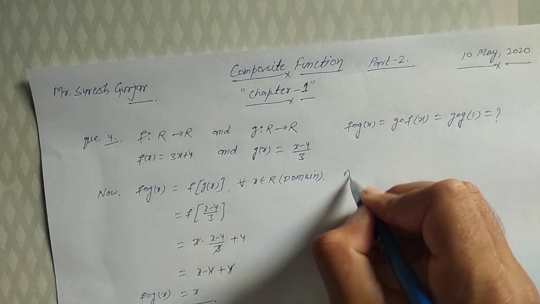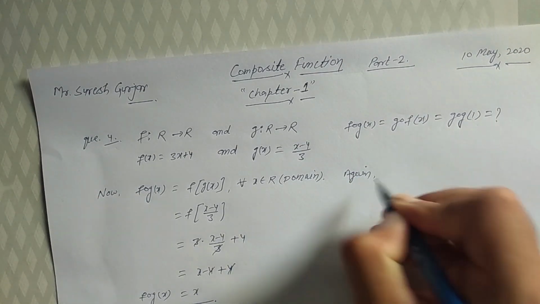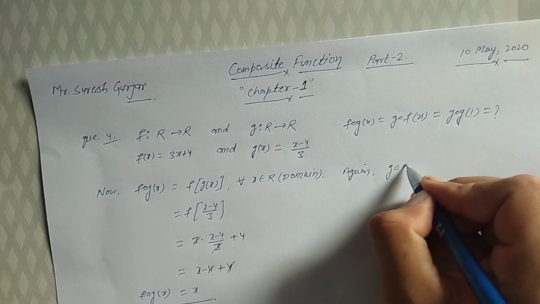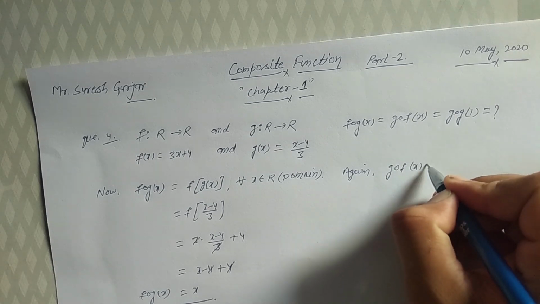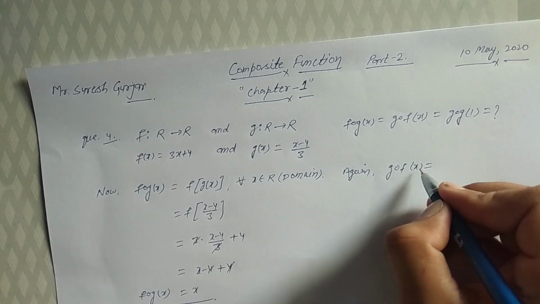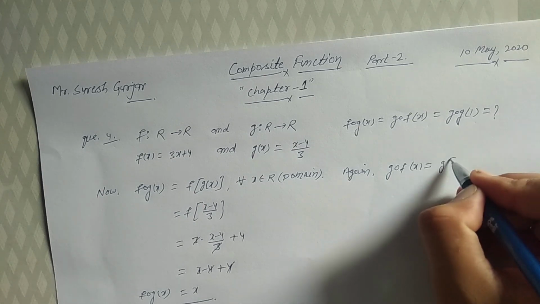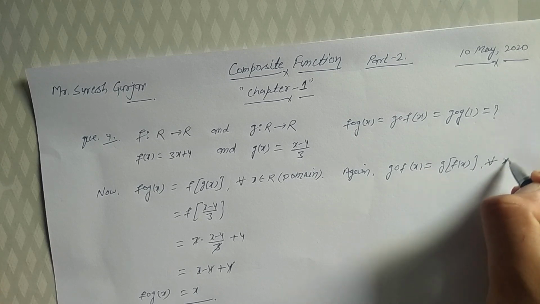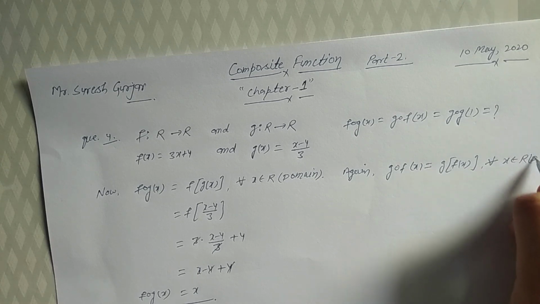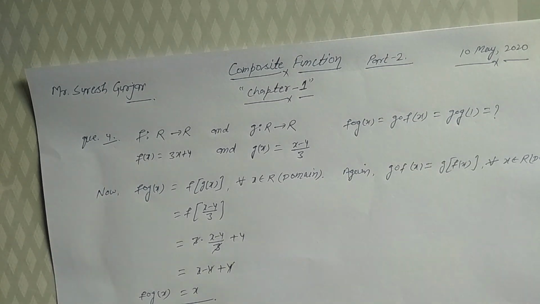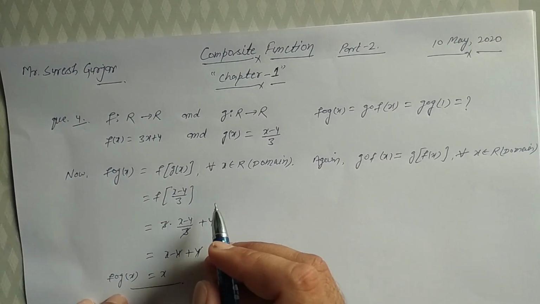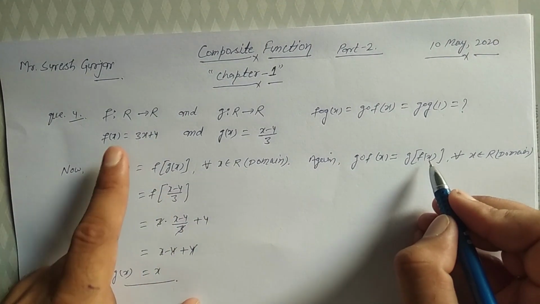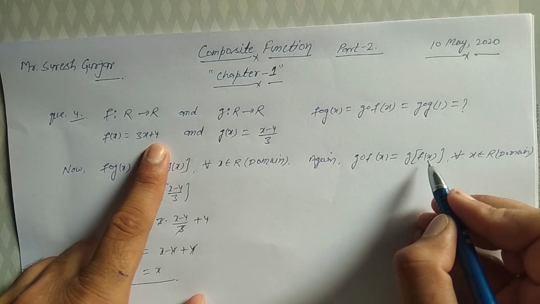Again, gof(x) means g(f(x)) for all x belonging to the domain R. g(f(x)) is g(3x + 4).